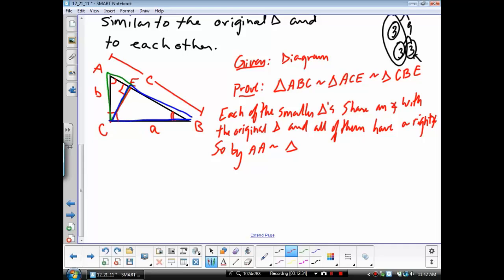Which means I can say that each of these is similar to triangle ABC. So triangle ACE is similar to triangle ABC, and triangle CBE is similar to triangle ABC.